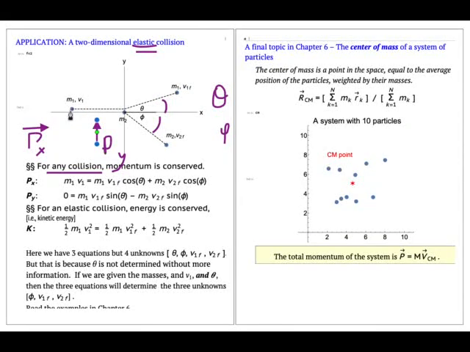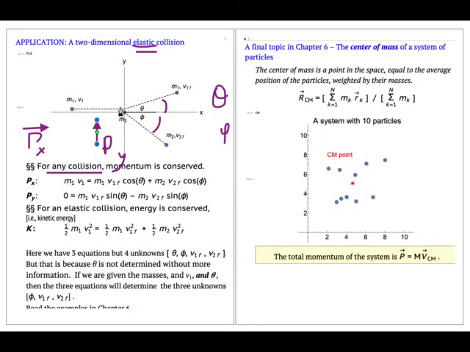Well, I didn't tell you exactly how much this was displaced from the x-axis, so I didn't tell you enough information to determine theta. But let's say we're just observing this collision, and let's suppose we measure theta, the scattering angle. Well, then we have three equations with three unknowns.